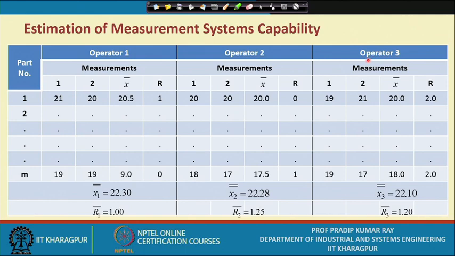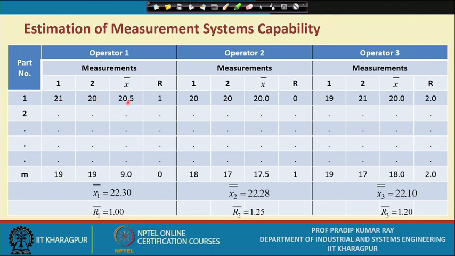That means what we believe in, the concept of individual difference. This is the data operator 1 has generated, say by using a measuring instrument, and he measures each part twice or thrice. Say twice. So you have this data set.